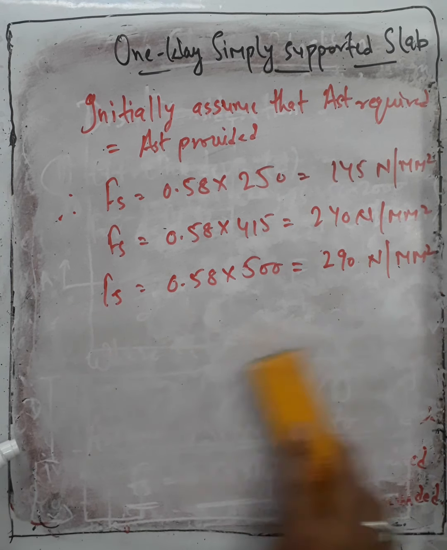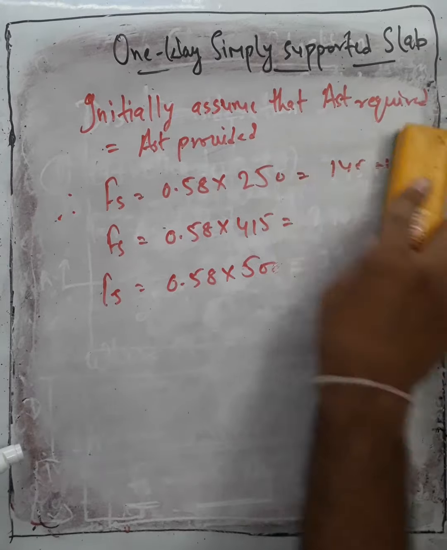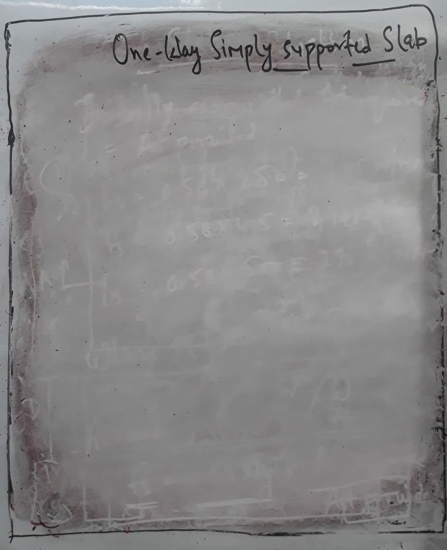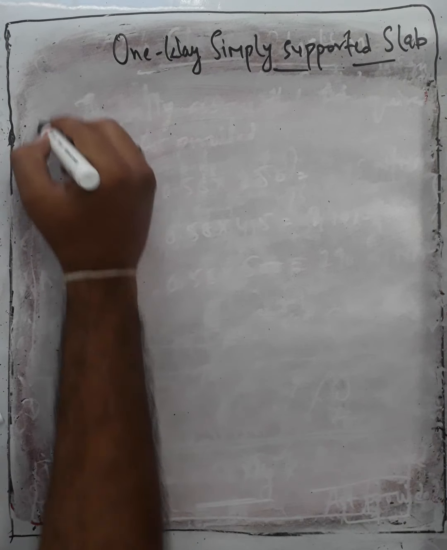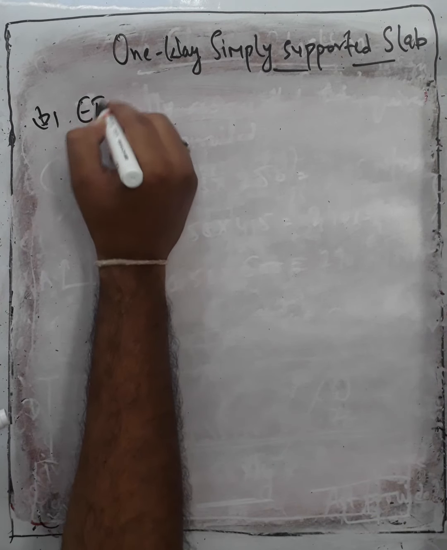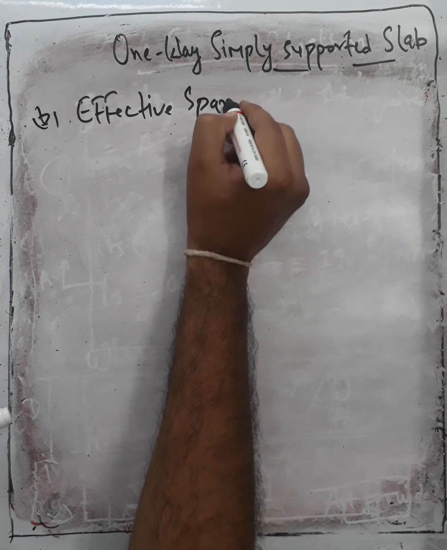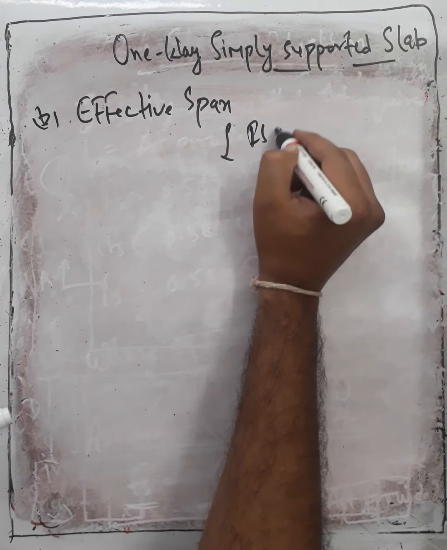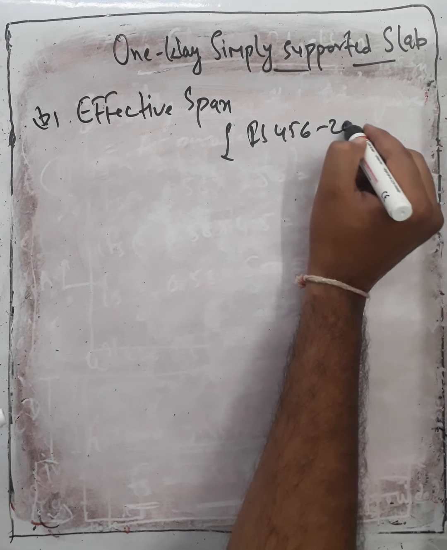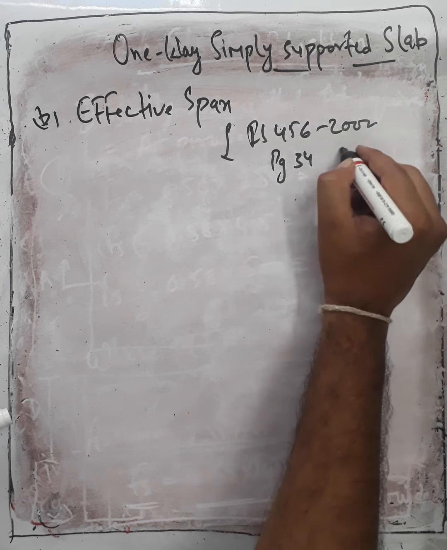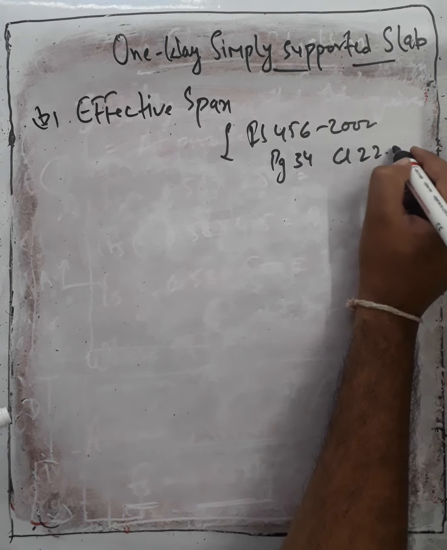Now second is the effective span. You have to find the effective span. This is in IS 456 2000, page number 34, clause number 22.2a.